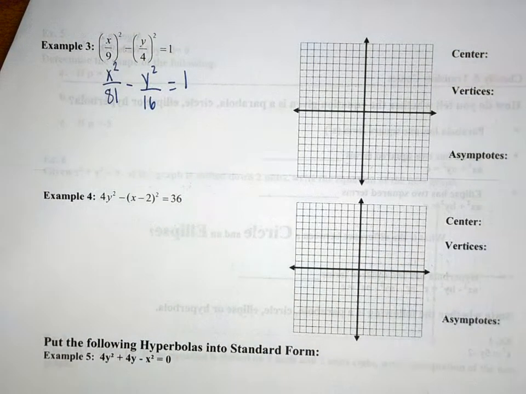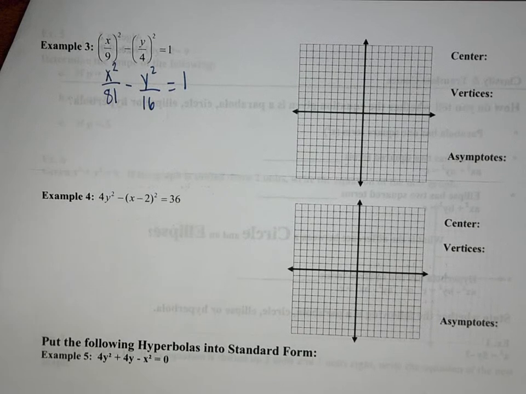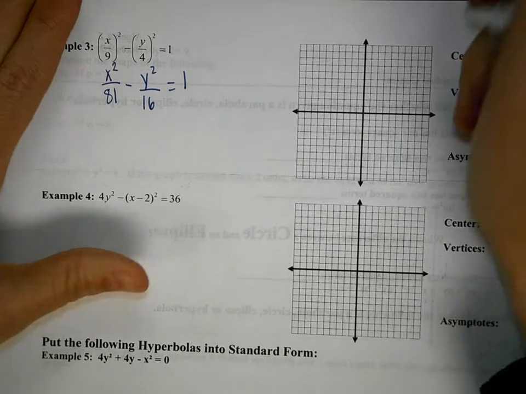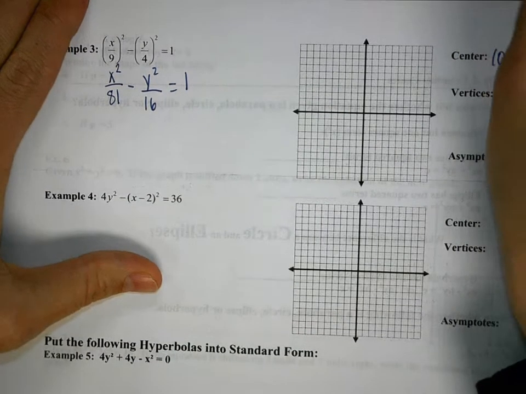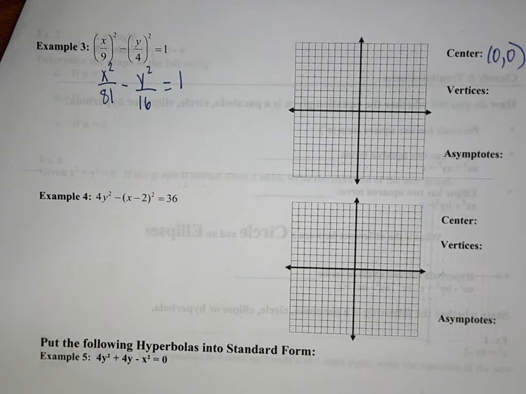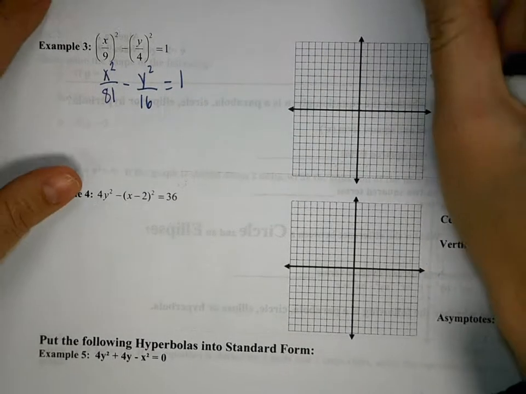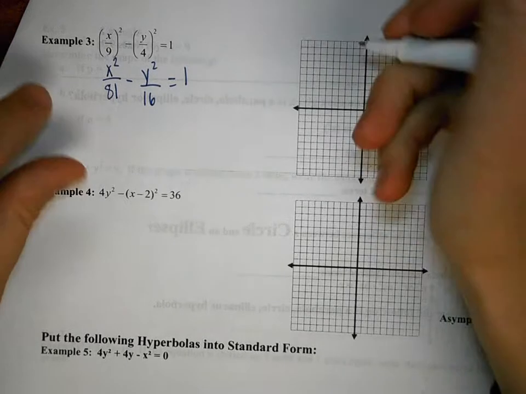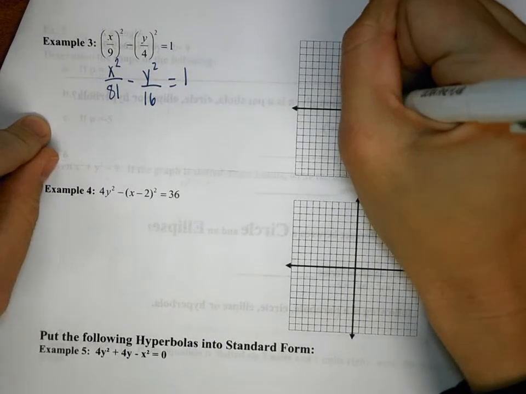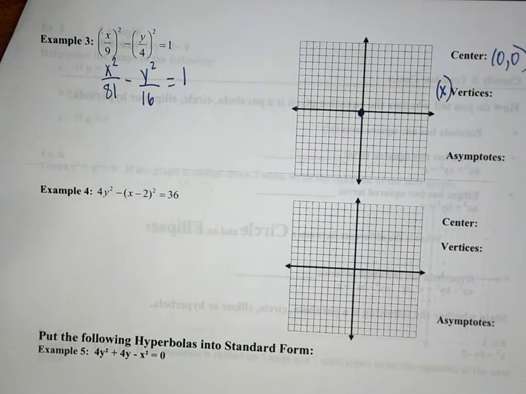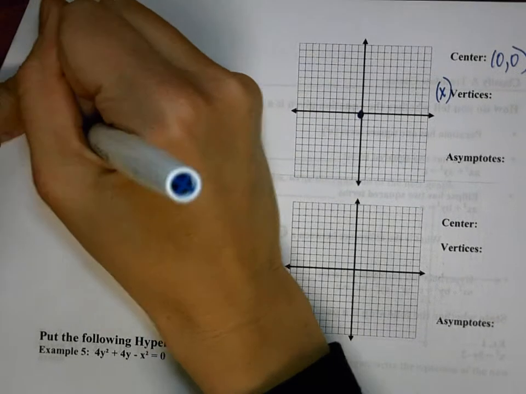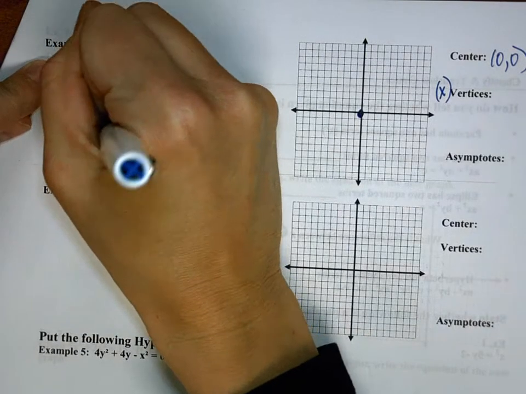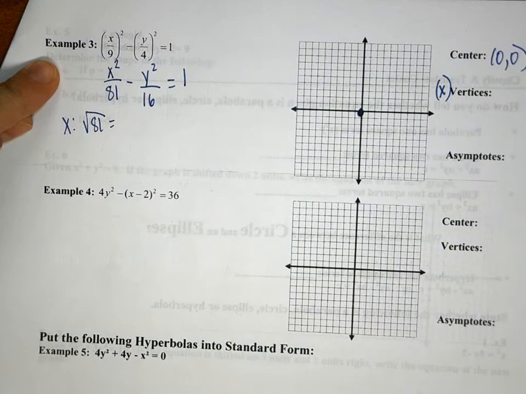Okay, so what is my center on this problem? Very good, 0, 0. My vertices, are they going to be on the x-axis or the y-axis? X. And why are they on the x-axis? Very good. Okay, so let's go ahead and plot our center at 0, 0. My x value, I have to take the square root of 81, which is 9.